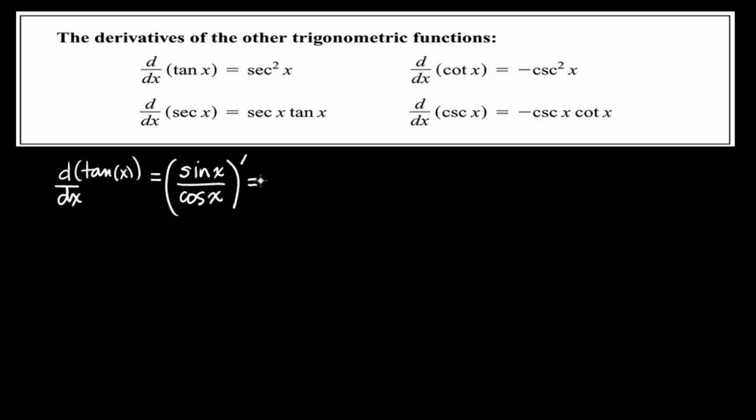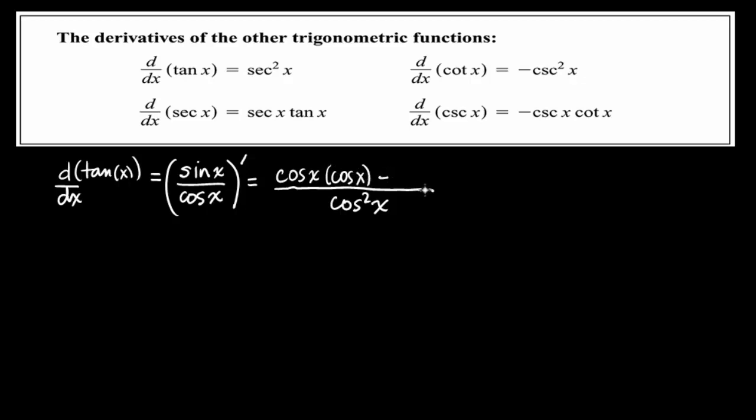And then, what is the quotient rule? Square of the low, so cosine squared x at the bottom. And then first take the derivative of the top. So what's the derivative of sine x? It's cosine of x. Multiplied by the bottom, so you get another cosine of x here.